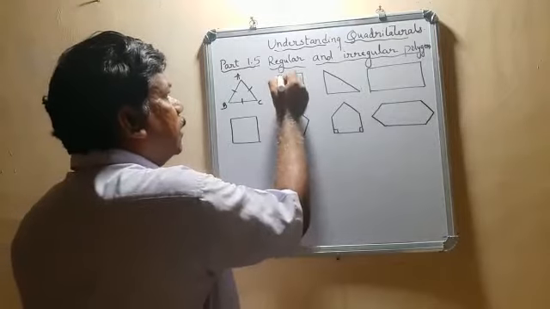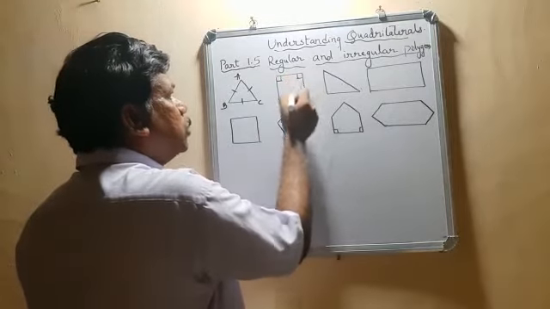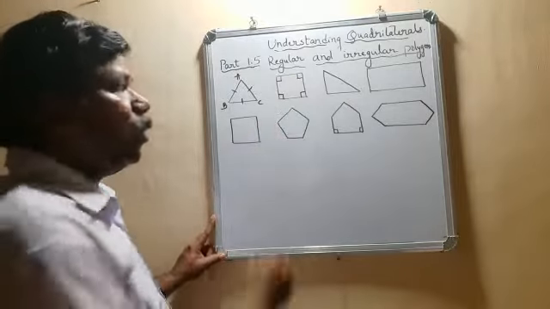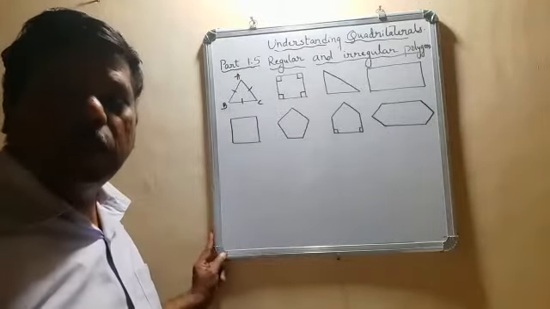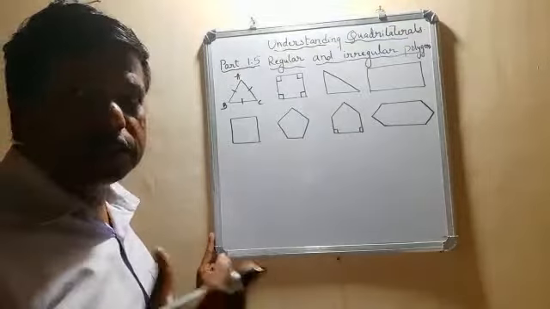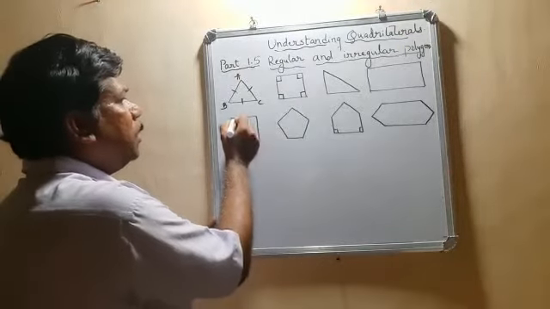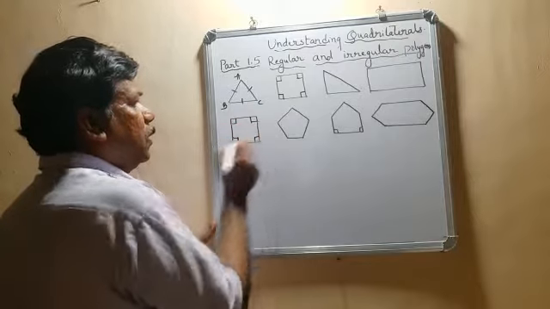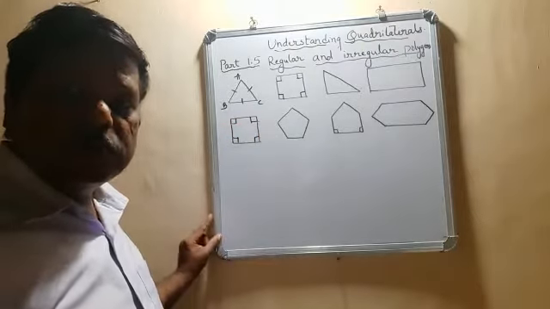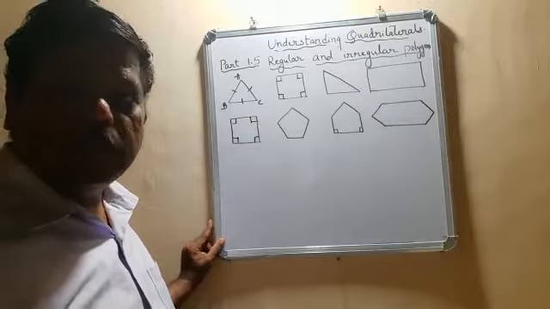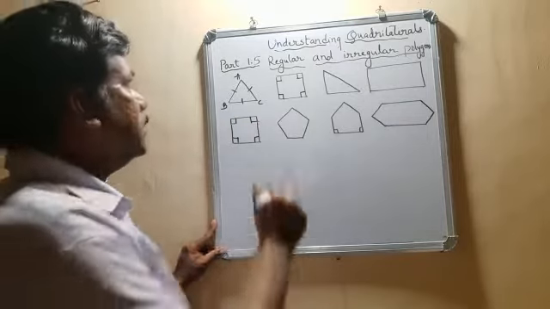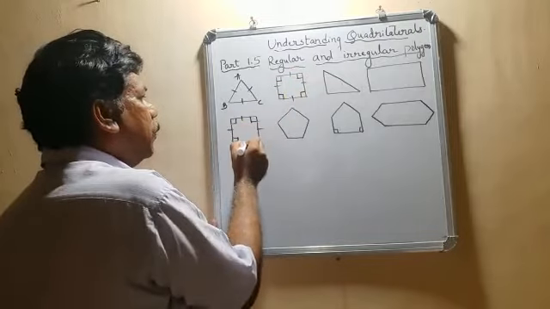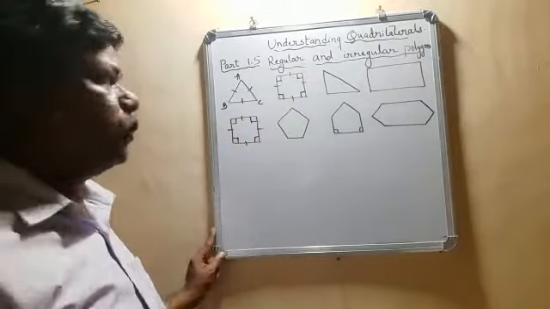So this angle is 90 degrees, this is also 90, this is also 90, and this is also 90 degrees. So all four interior angles of a square are 90 degrees. So similarly here also, irrespective of the bigger size of the square, all the sides will be equal and all the interior angles will also be equal. So these are what we call a regular polygon.